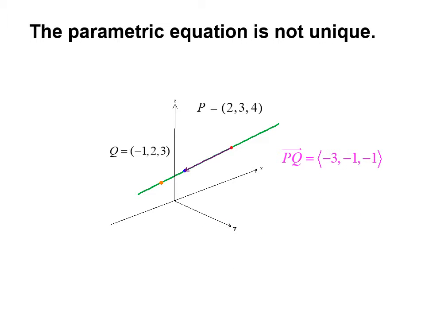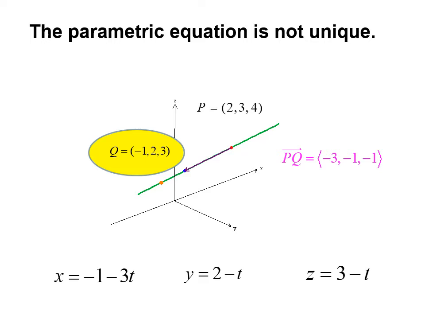Now, the parametric version of the equation of a line is not unique, so there's many ways of writing that. For example, if we had started with the point Q instead of the point P, we could have written the X with the X coordinate of point Q, and the Y with the Y coordinate of point Q, and the Z with the Z coordinate of point Q, and we'd still have the same line.